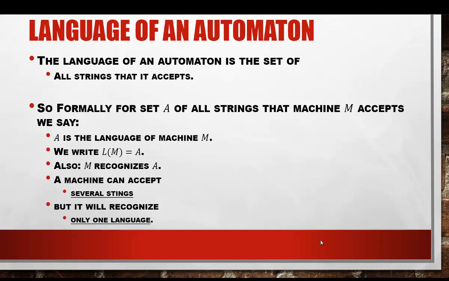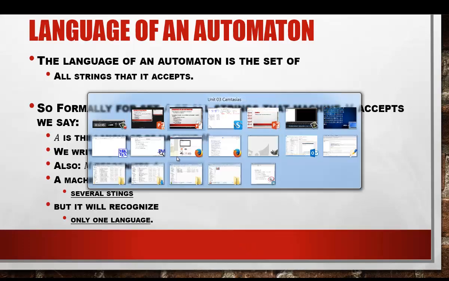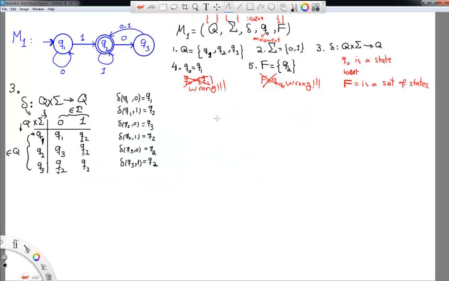So now that we have defined the language of a machine, we can go back and take a look at our state machine here and see what its language is. We've talked about you thinking about what this language is, and now I will spell it out for you. My machine ends up in an accept state when it sees a 1, right?